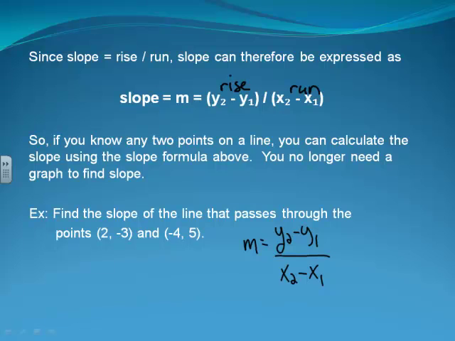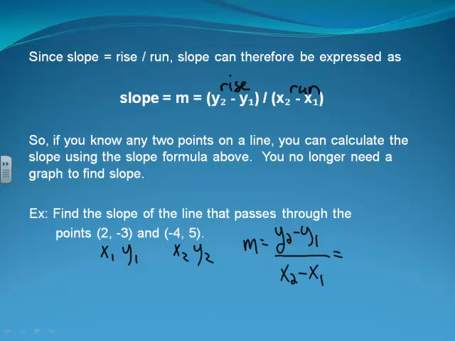So take your points. Let one of the points be x sub 1, y sub 1. It doesn't matter which one. If you want to let (-4, 5) be x1, y1, that's fine. Let the other point be x2, y2, and then plug the corresponding values into the formula.